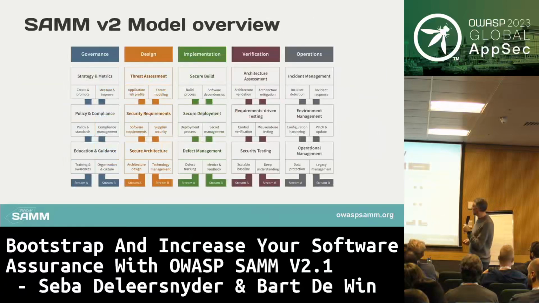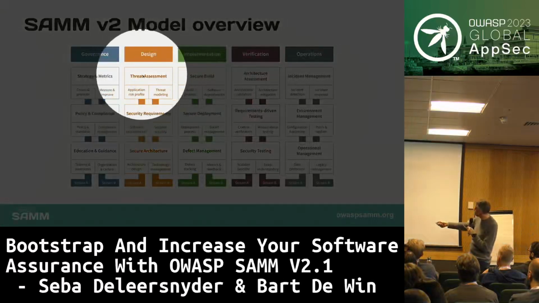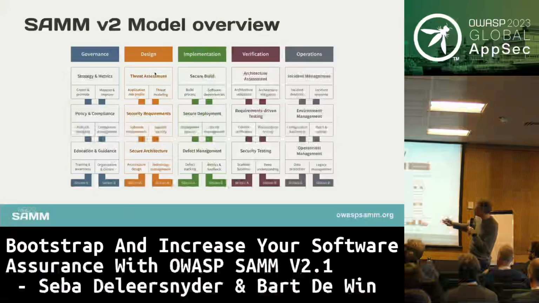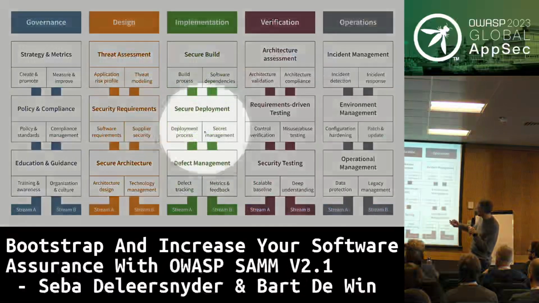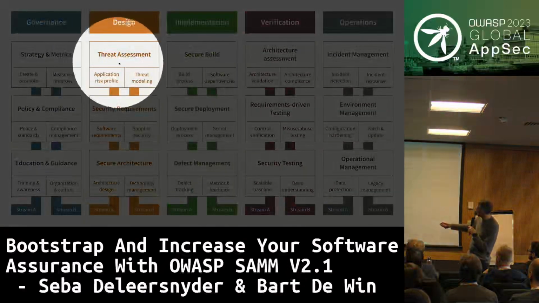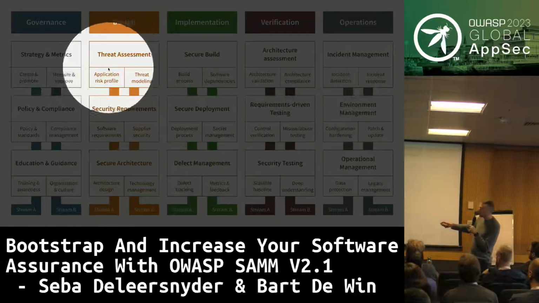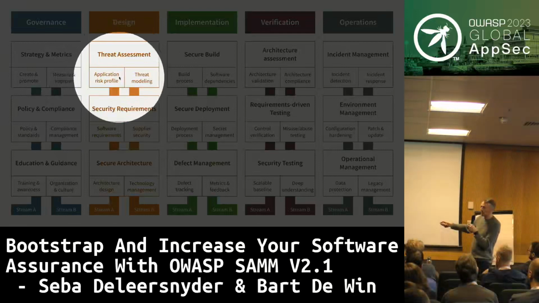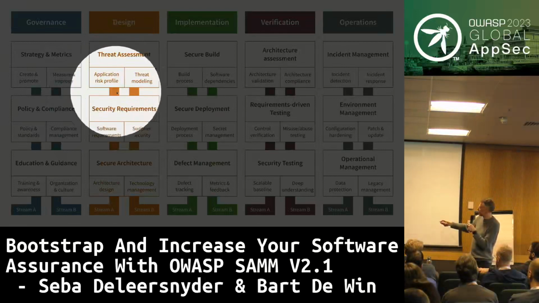Right. So as I said, under the security practice, we always have these streams. Just one example, if you look at threat assessment, there is a stream around application risk profile, where we try to define what is the actual risk that this piece of software has towards the organization.